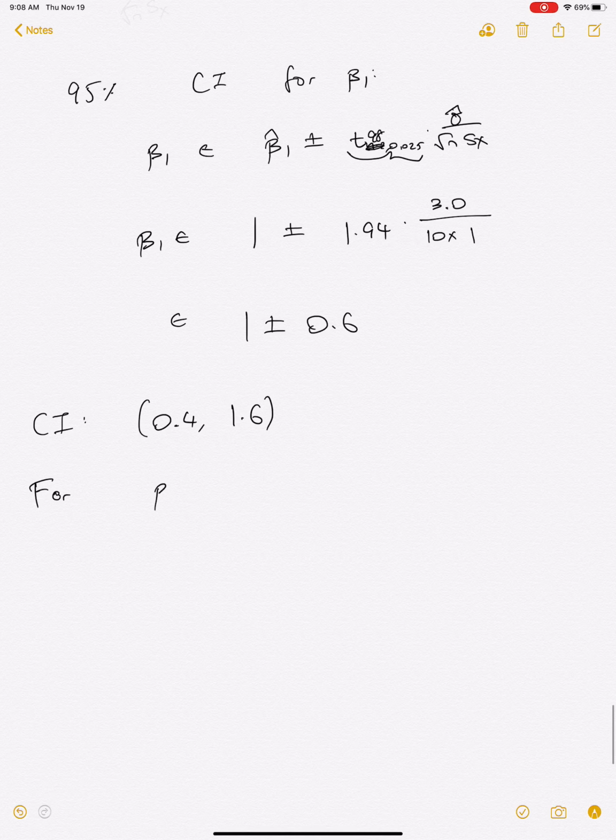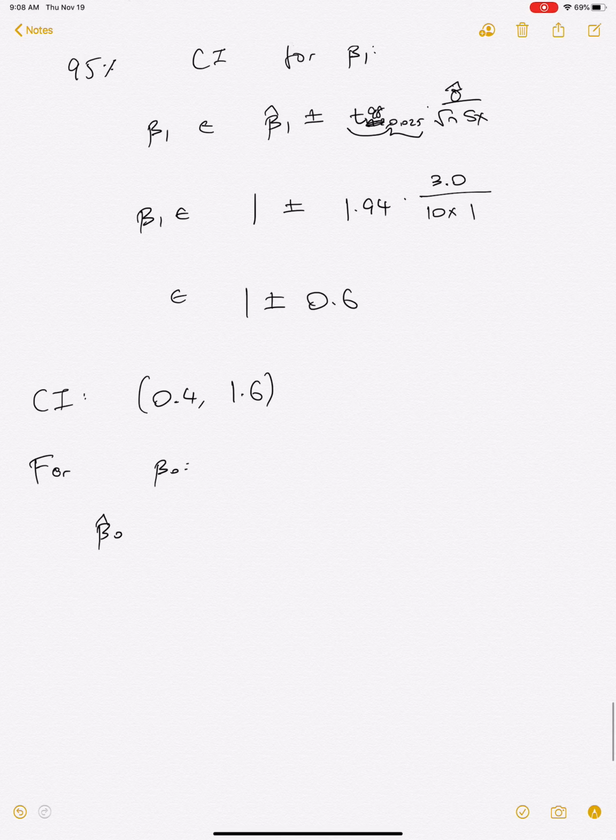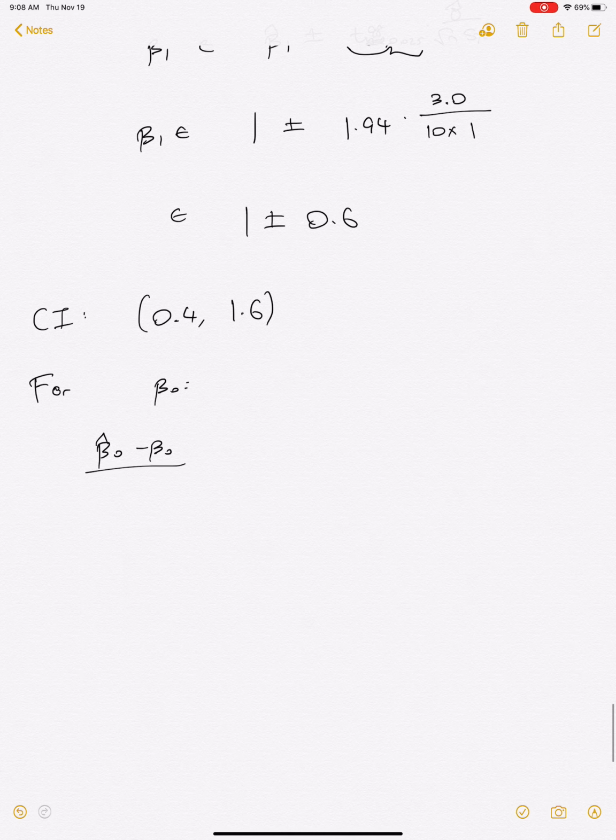for beta 0, we know that beta hat 0 minus beta 0, and then you divide by sigma hat over square root of n sx, but then you have to add this sx squared plus x bar squared term. This is going to be t, I'll just put 98.